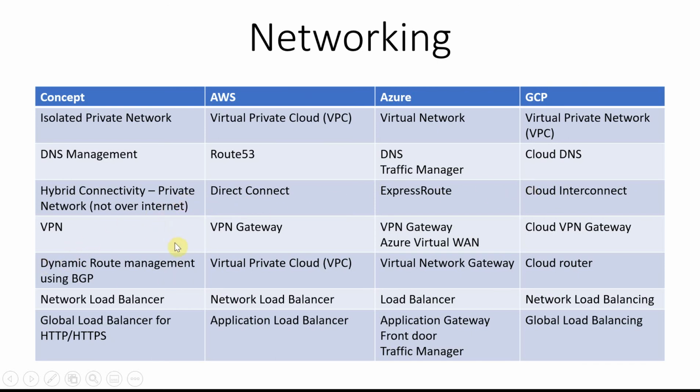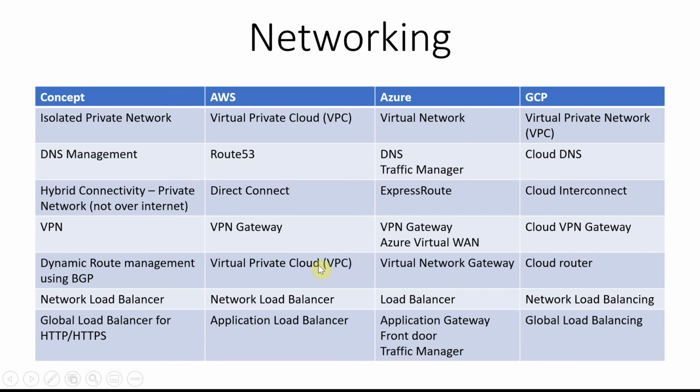And then dynamic route management. I think it's a little bit tricky, but these are all more on the networking side. Let's say you want to manage your network traffic, like if you want to use Border Gateway Protocol, which is BGP. I will explain all these things once we go deeper. But let's say you want to manage the traffic and do dynamic routing on networking.